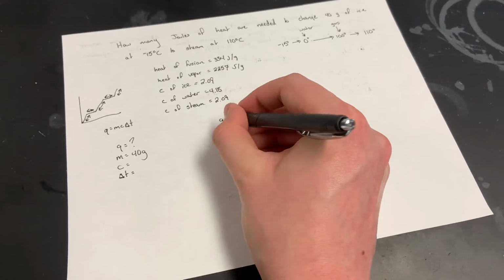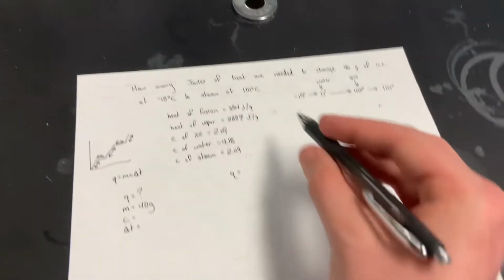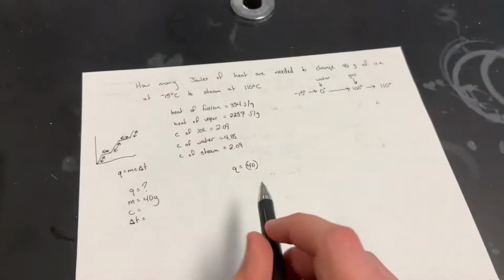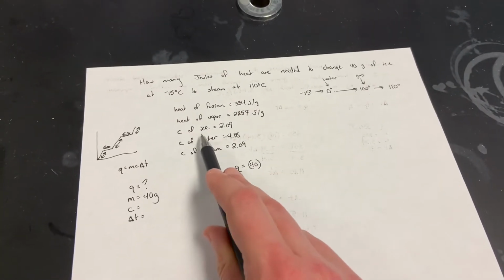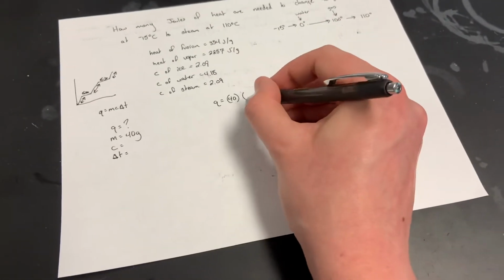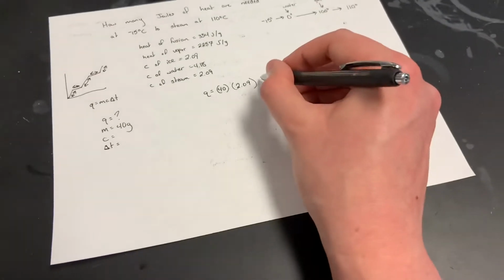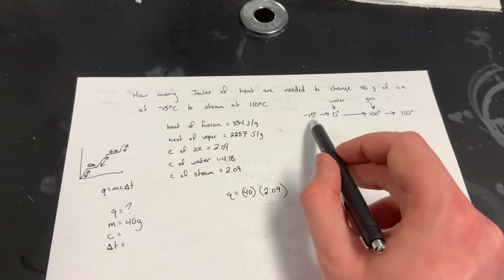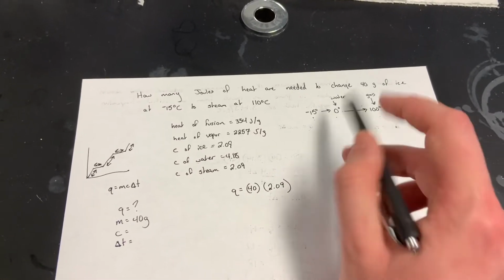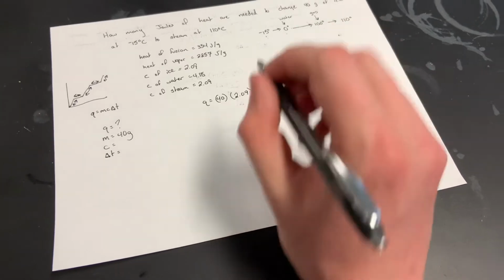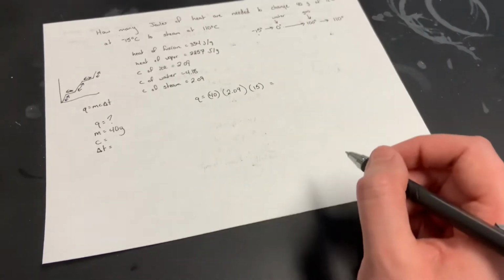You're going to set it up where we don't know Q. Our mass is going to be 40. Right now we are a solid, so the specific heat of ice is 2.09. And then our change in temperature, we started at negative 15 and we're going up to 0. So our change in temperature for just the ice is 15. We're going to solve for that.